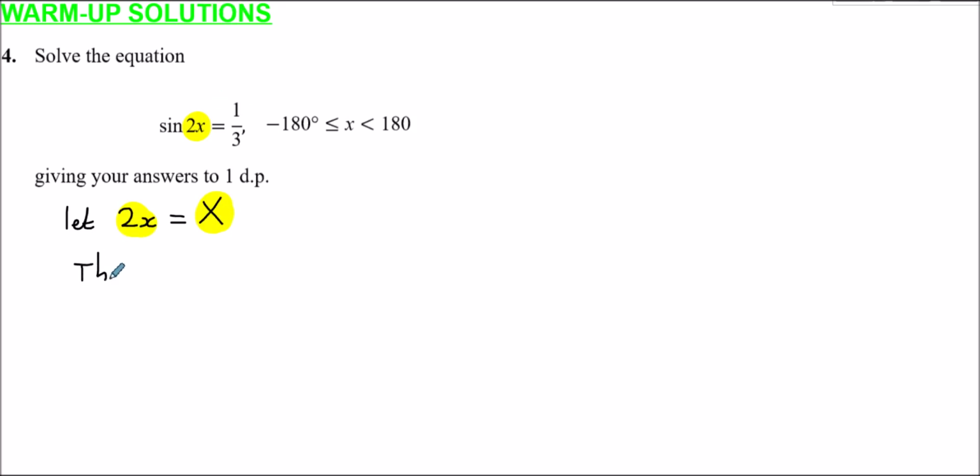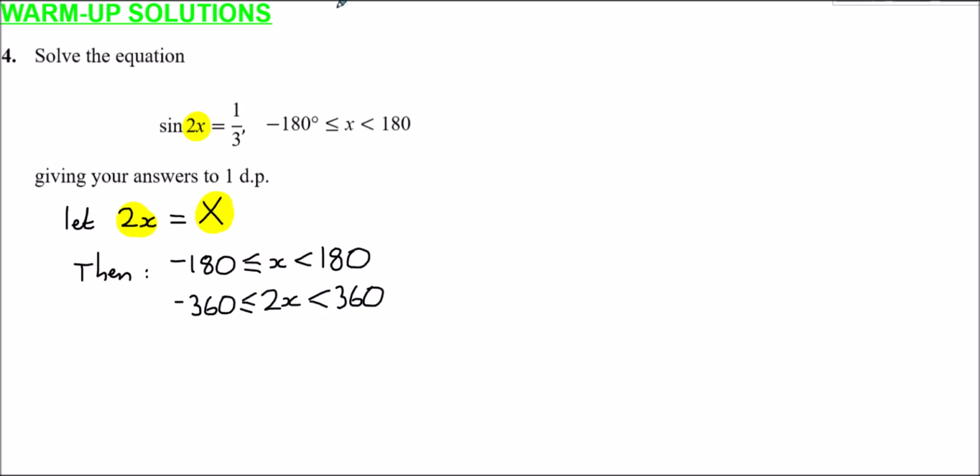Then when we do that, because we want x to be in this range, from -180 to 180, then we want 2x, if we just double everything in the inequality, so double x to get 2x, double 180 to get 360, double -180 to get -360.